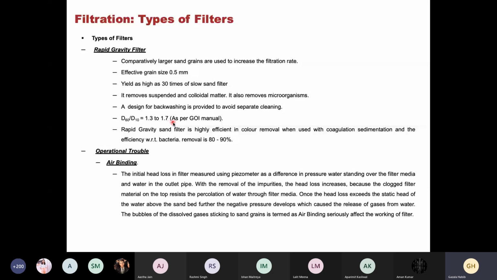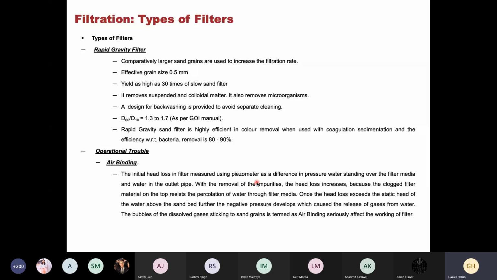The operational problem in filtration is first air binding. Air binding is actually what happens, as the filtration process goes on, the impurities captured in the void will start clogging the voids, right?